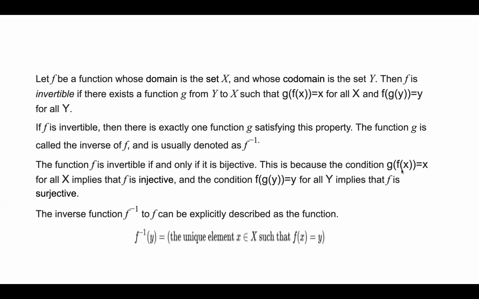Always keep it in mind that f of x is equal to y and g of y is equal to f of x. The inverse function f inverse to f can be explicitly described as the function f inverse of y is equal to the unique element x belonging to capital X such that f of x is equal to y.